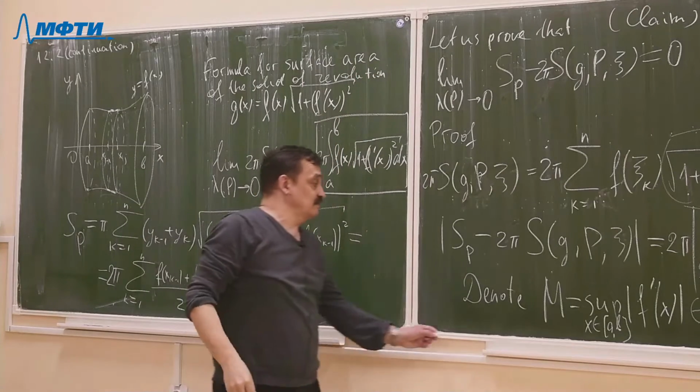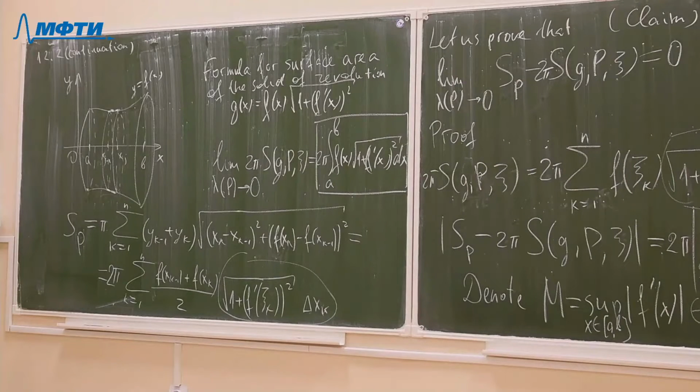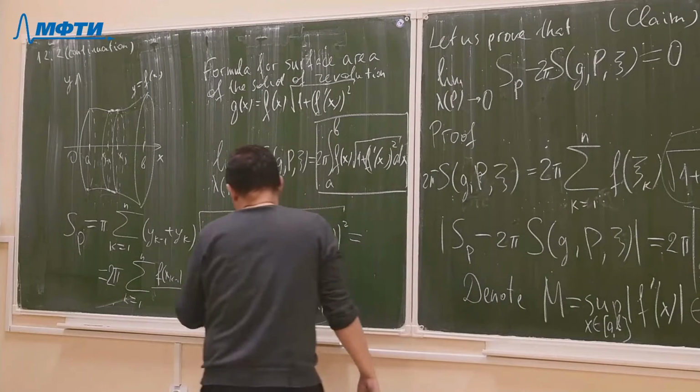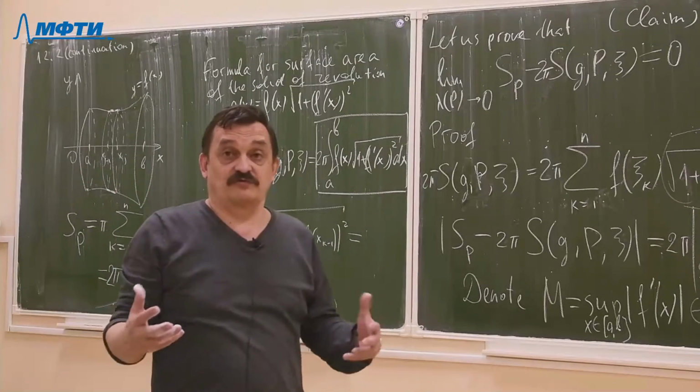I didn't prove that formula in full generality because I have no definition of surface area, a good definition. So I refer to some approximate things, including, you see, here I used the area of the surface of a frustum.